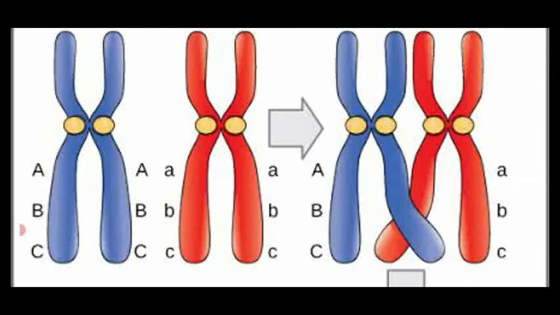Short arm on the upper side, long arm on the lower side. These paired arms are named chromatids. If they are present in one chromosome, those chromatids are said to be sister chromatids. The blue long arm and short arm are sister chromatids. The red long arm and short arm are non-sister chromatids to the blue. So, crossing over takes place between the non-sister chromatids of homologous chromosomes.